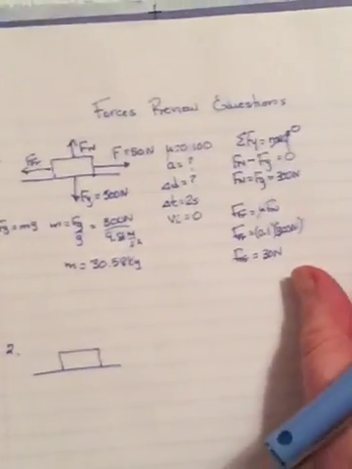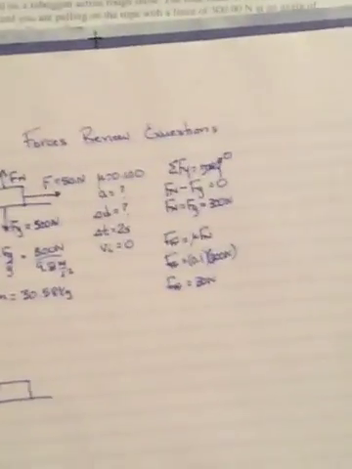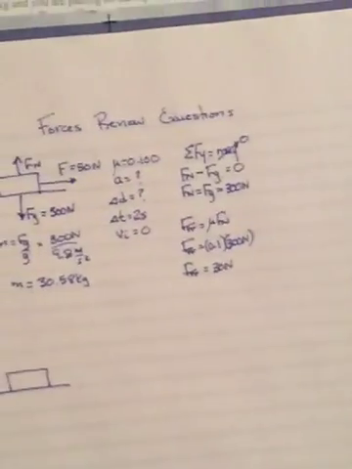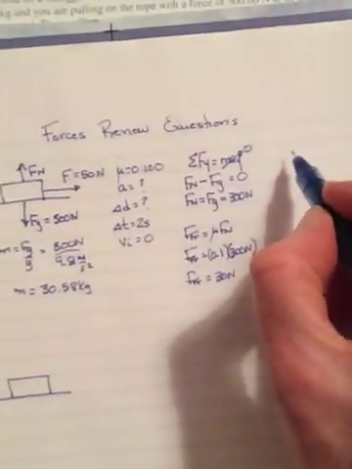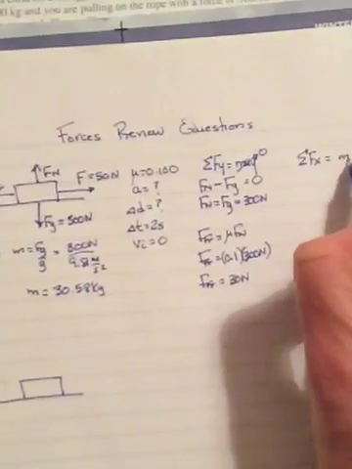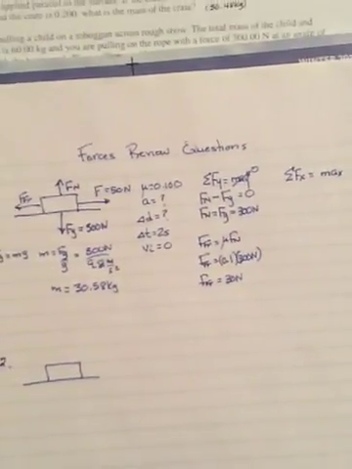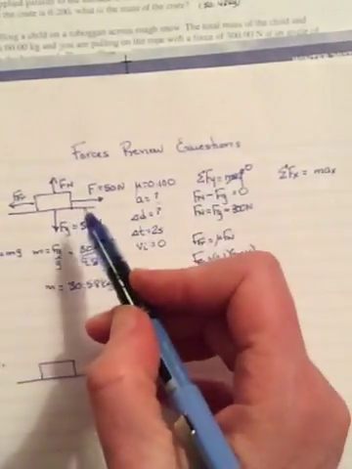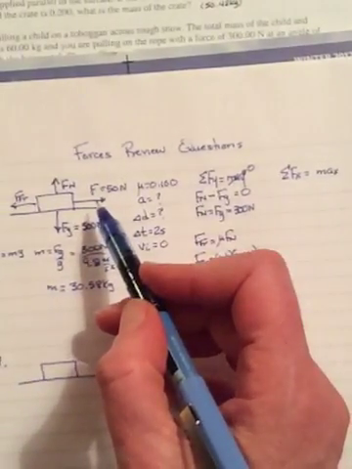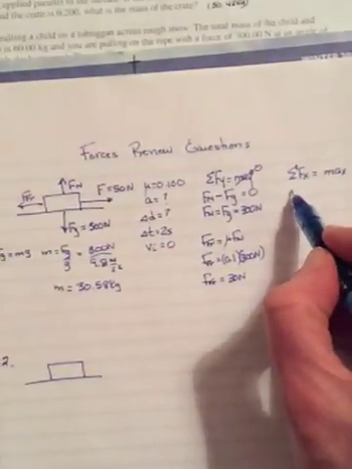Okay? So once we have our friction, now we can do our sum of the forces in the x direction. So sum of the forces in the x direction is equal to max. Okay, so if we look in the x direction, we have the force the kid's pulling with going one way, friction going the other.